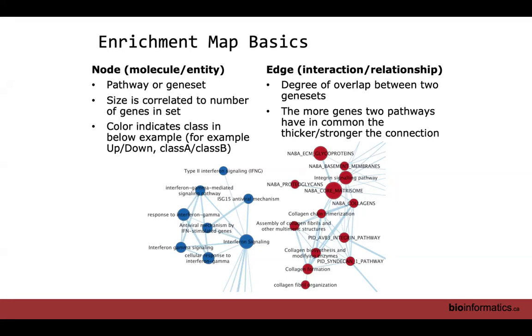The color often indicates the class, whether it's up or down, or class A or class B. This is only relevant, though, if we're talking about one individual comparison. In some of the other use cases that we're going to mention a little bit later, you'll see that color can also indicate data set, especially when you have more than 2, 3, 4, 5, however many data sets you have. You can associate a color with a data set, and you can see more clearly which gene sets are associated with which data sets. Now, the thickness of the edge is related to the number of genes that two gene sets have in common. The thicker the edge, the stronger that connection is.